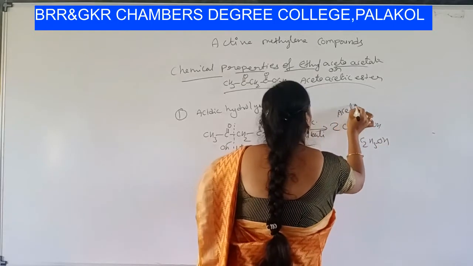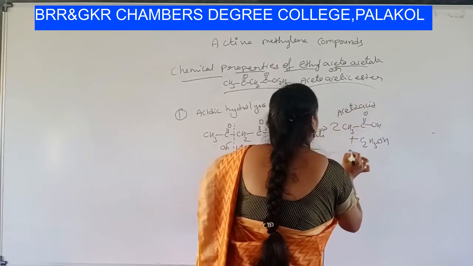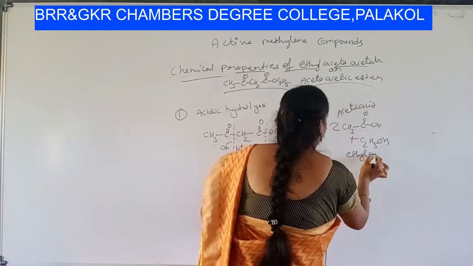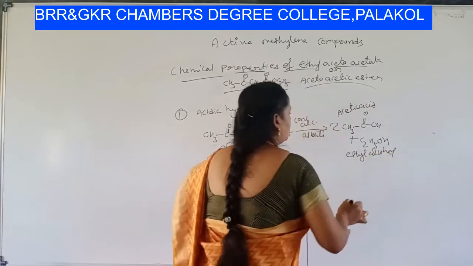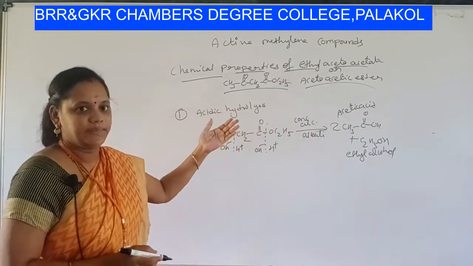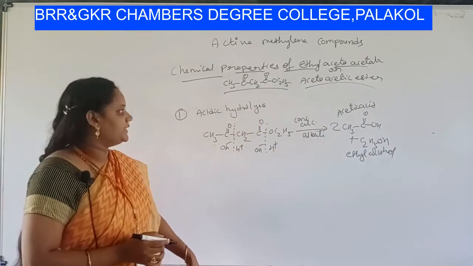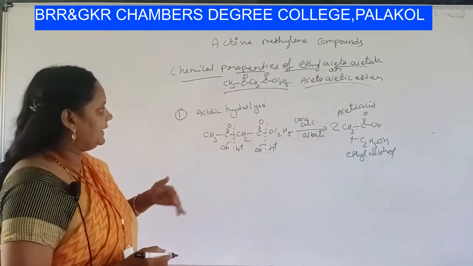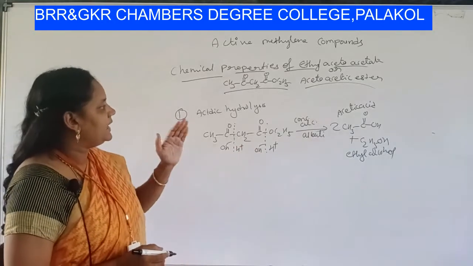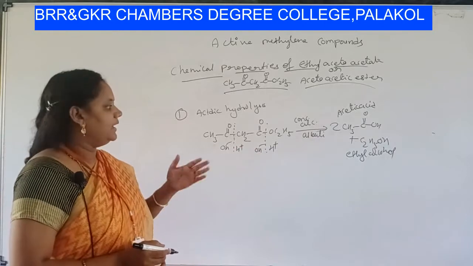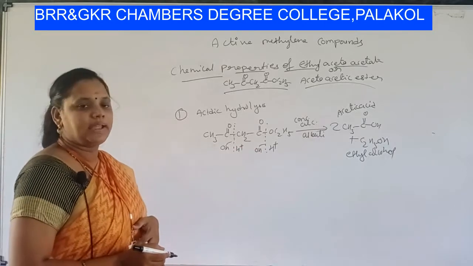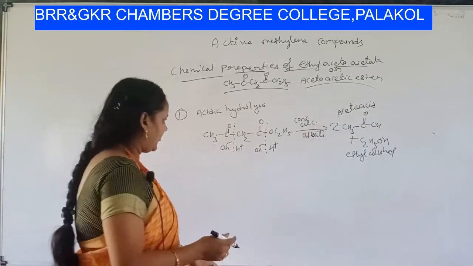So we got acetic acid and ethyl alcohol. Okay, students, by this acidic hydrolysis we can prepare acetic acid from ethyl acetoacetate.